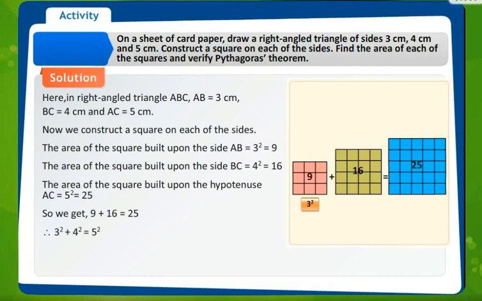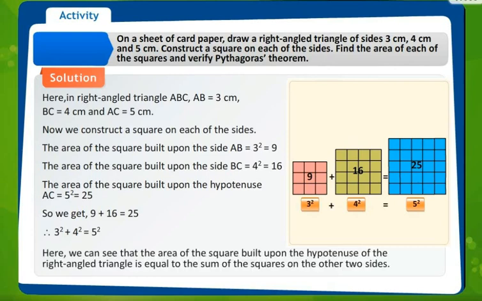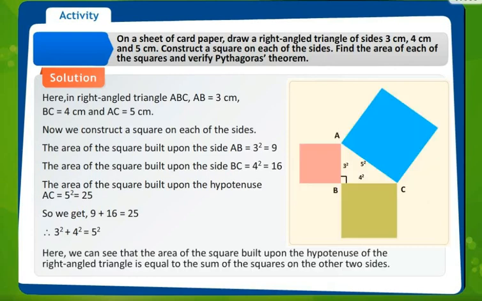That means the Pythagoras theorem is verified. Sum of the squares of the sides, that is 3 square plus 4 square, is equal to 5 square. Hence we verify the Pythagoras theorem. Hence we can see that the area of the square built upon the hypotenuse of the right angle triangle is equal to the sum of the squares on the other two sides.